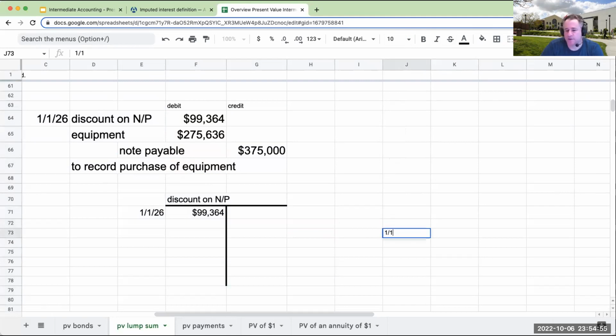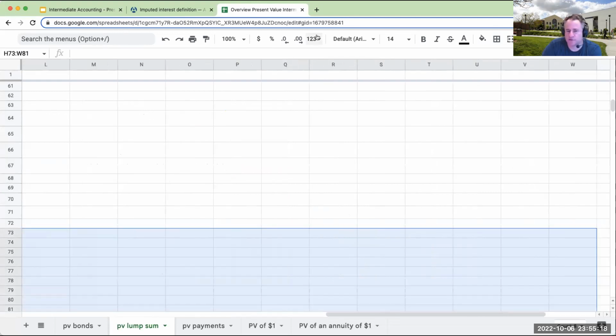So on my balance sheet as of 1/1/26, under non-current liabilities, I'm going to have a note payable less my discount, which gives me a note payable net. Over here, my note payable is $375,000 less my discount, which gives me a note payable net of $275,636.